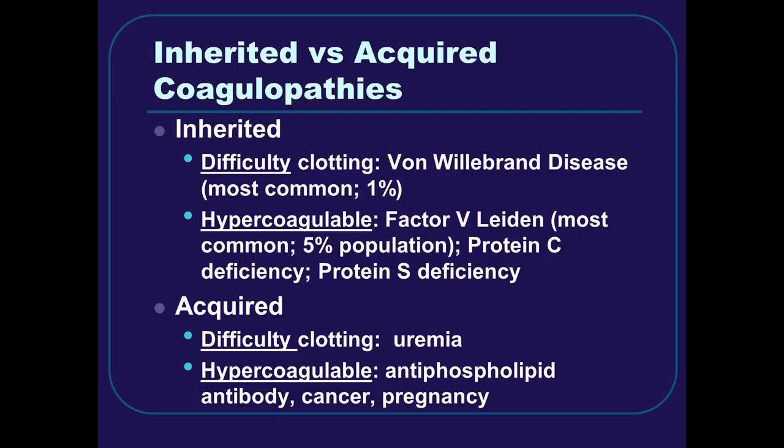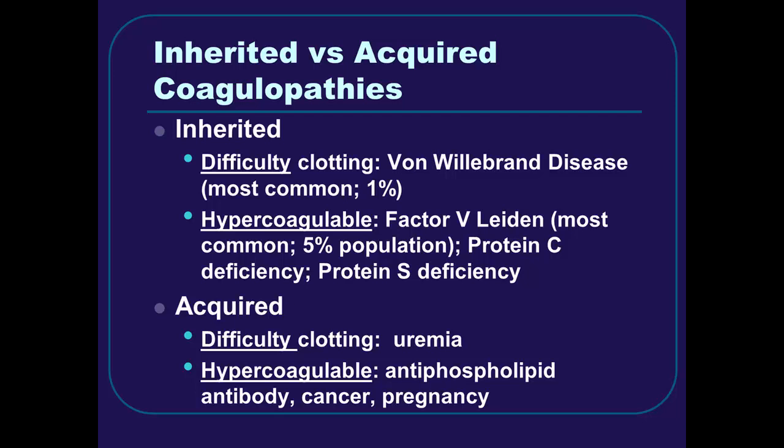On the hypercoagulopathy, or hypercoagulable, side, the three things you might want to think about are antiphospholipid antibody, cancer, and pregnancy. So let's go through each one of those briefly. With antiphospholipid antibody, we know phospholipids are on our cell surfaces, and the individual builds antibody to those phospholipids.